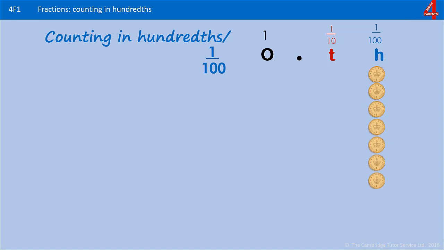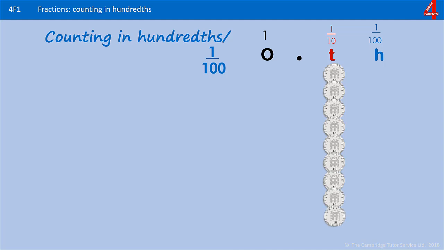If we have 9 1 pences and we add another 1 pence, that takes us to 10 pence. If we do the same with the 10 pences, so if we have 9 10 pences, which is 90 pence, and we add another 10 pence, that's equivalent to 1 pound.